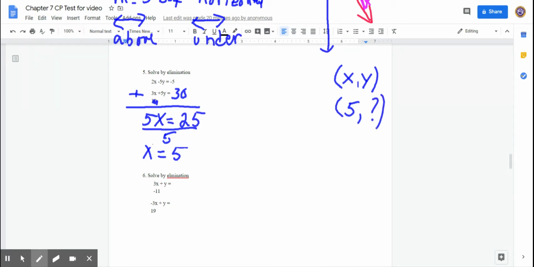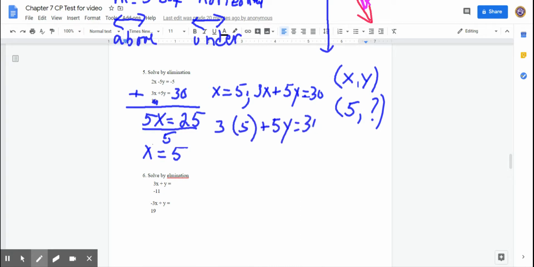So we're going to take our value of x, and then we're going to choose one of the equations over here. Doesn't matter which one. I usually choose the one that has the most positive numbers because then you make fewer mistakes. So where I see x, I'm going to put 5. Substitute.